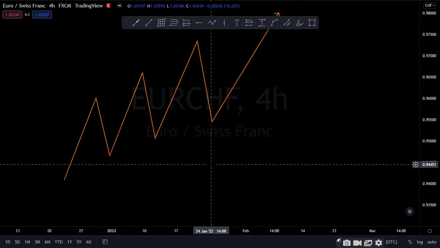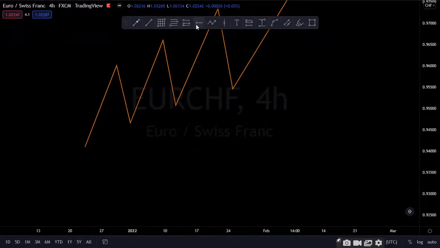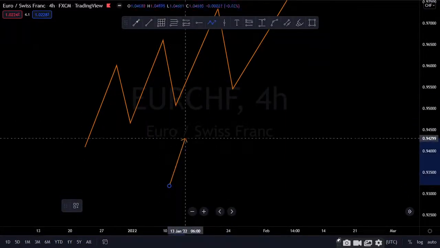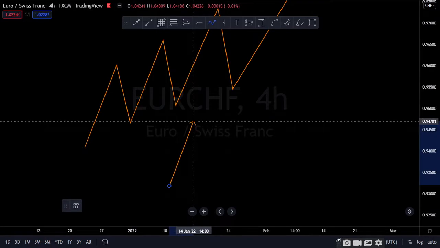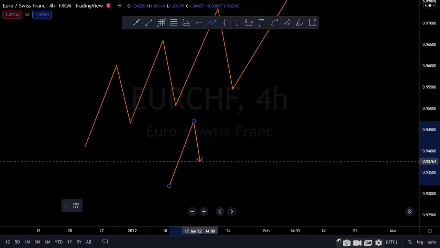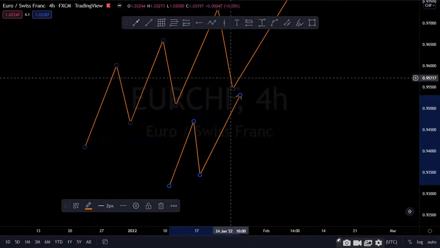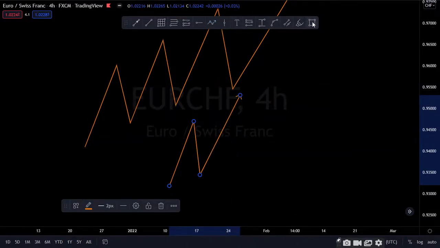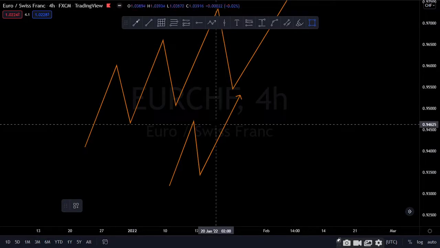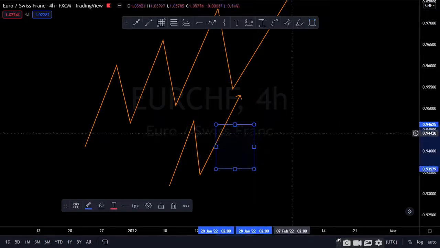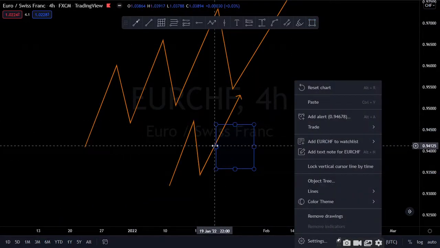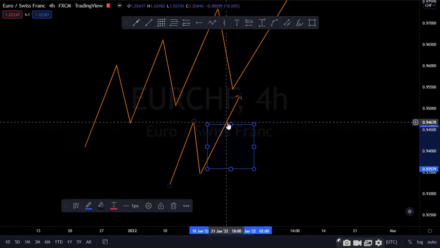Why? The reason why it goes up and comes down is, assuming we start from here, the market will go up, come down, it will go up. The reason why it will come down again is because when it is going up, it leaves something we call imbalance.